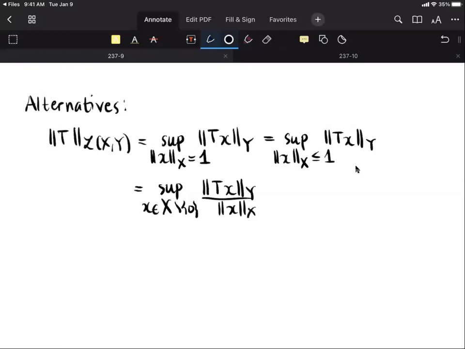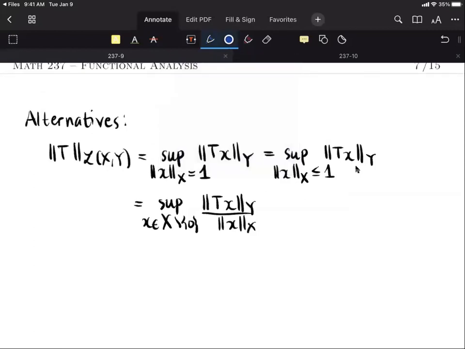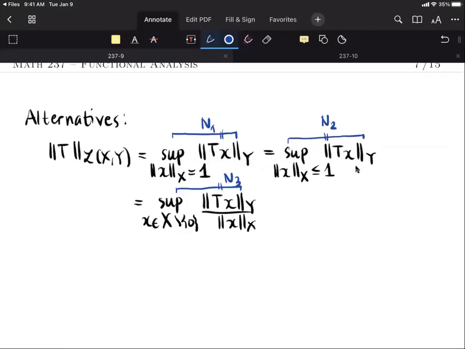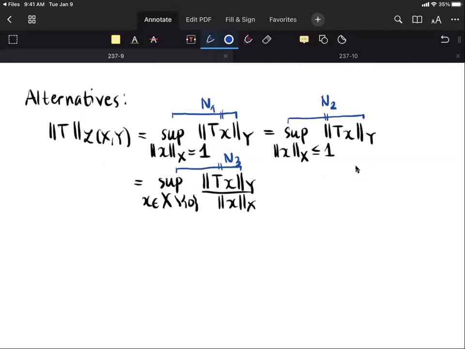Okay, so to prove this, let us denote, let's say, this as N1, N2, and say this is N3. And let's say this is the norm. Okay.